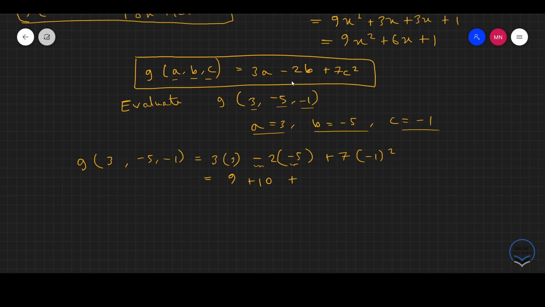Any number that is taken to the power of some even number will give us something non-negative. So in this case, we have 7. And this is equal to 19 plus 7, which is 26. So our output, when our input is these, is equal to 26.